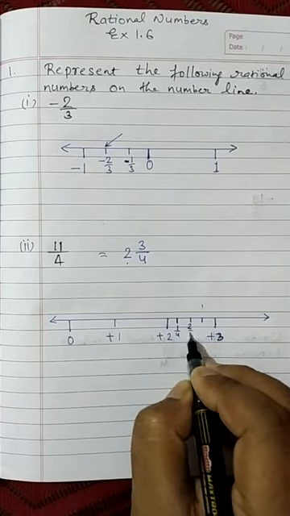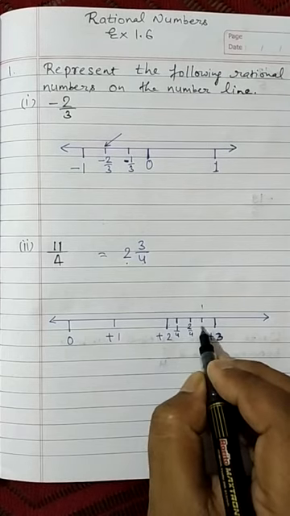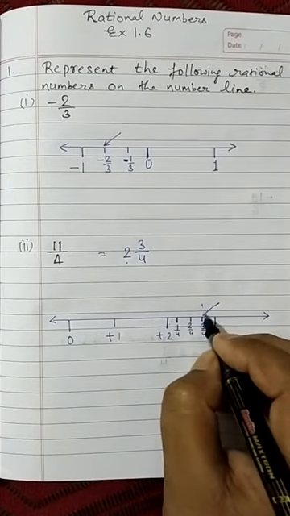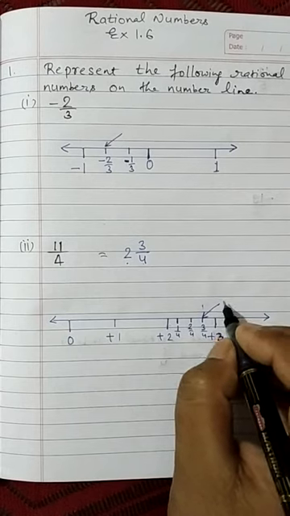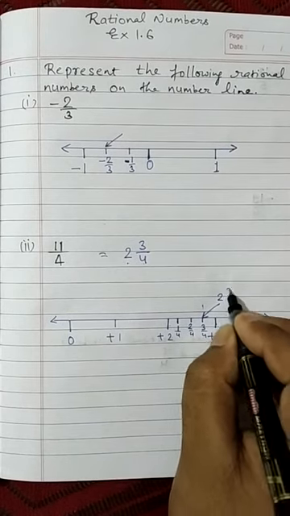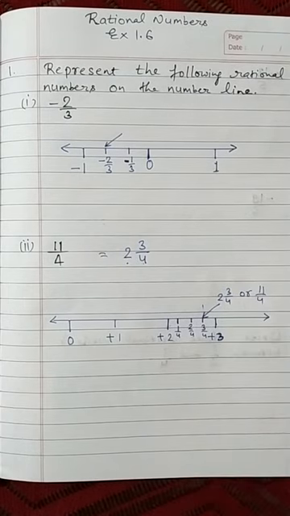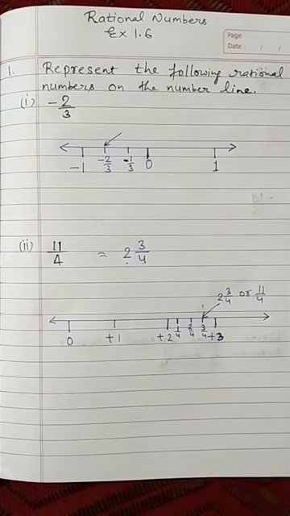Second is 2 upon 4. And third is 3 upon 4. So students, this is 2 and 3 upon 4 or 11 upon 4.